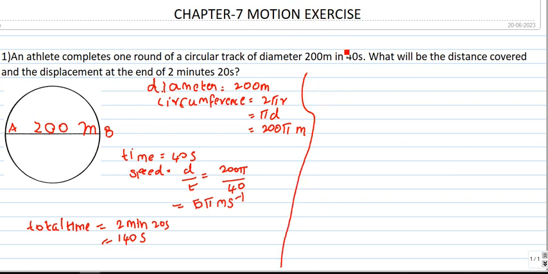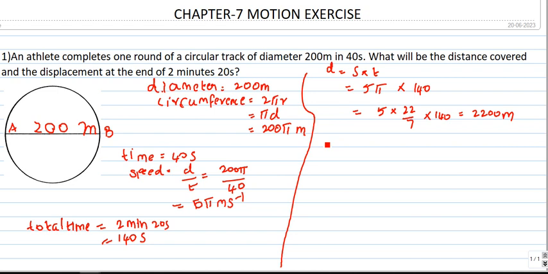Distance is equal to speed into time. The speed is 5 pi and the time is 140 seconds. So 5 into 22 by 7 into 140. This is equal to 2200 meters. So this is the distance covered in the given time, which is 2 minutes and 20 seconds.